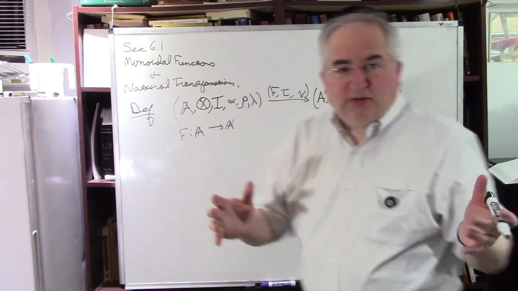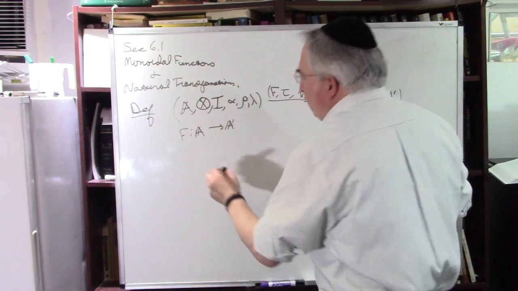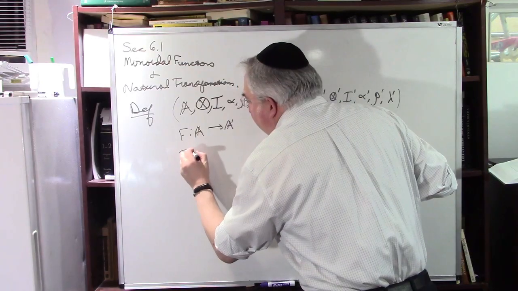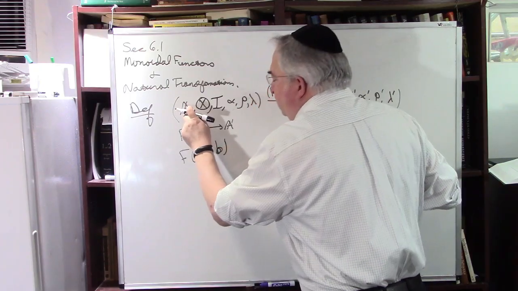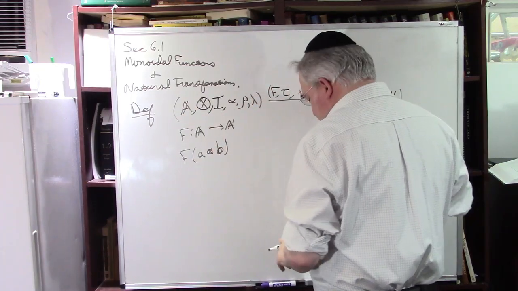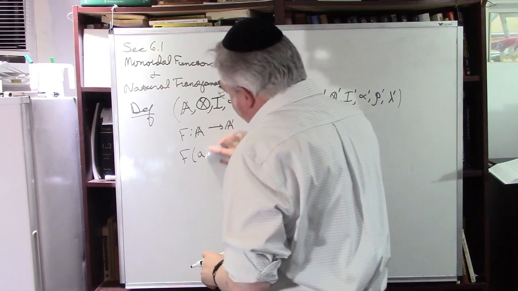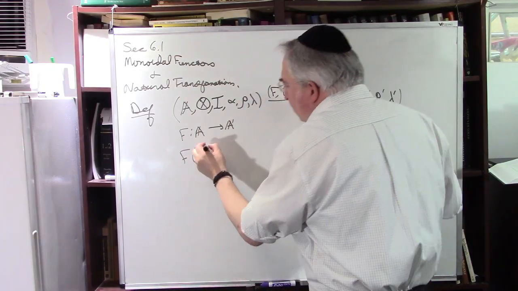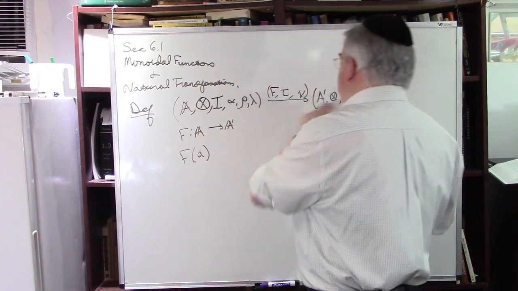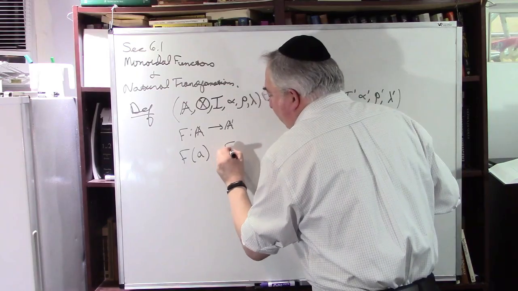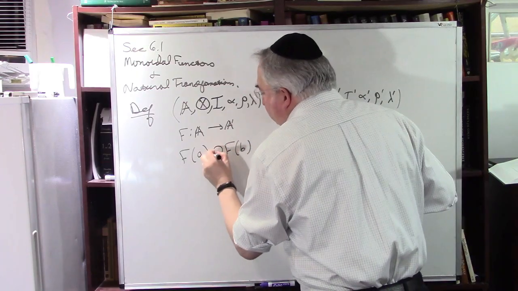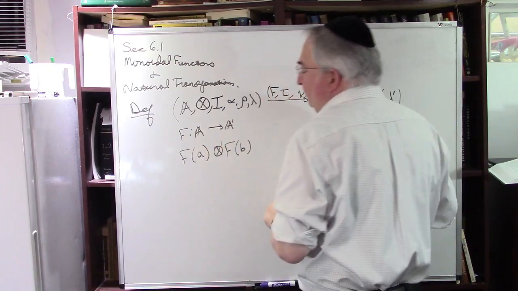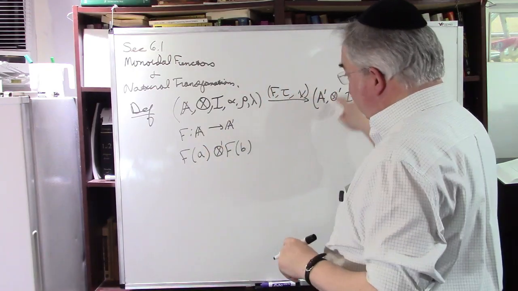If you have two objects here, A tensor B, you can map f of A, which is in here, and f of B, which is in here, and then take the tensor product of them, which is in here.